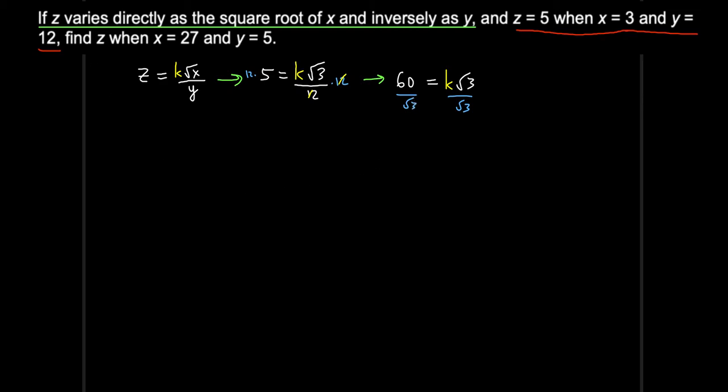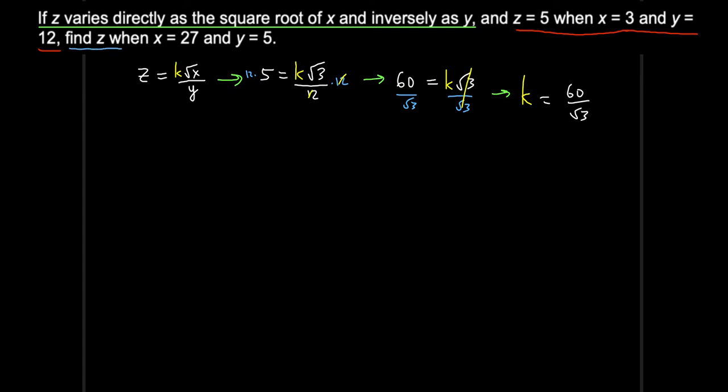And that way you will solve for k, because the square root of 3 will be out. So k is equal to 60 divided by square root of 3. Beautiful.